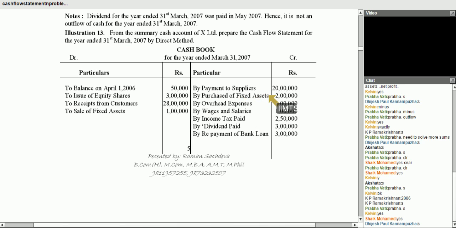Payment to suppliers is 20 lakh, purchase of fixed asset is 2 lakh, overhead expense is 2 lakh, wages and salaries is 1 lakh, income tax paid is 2,50,000, dividend paid is 3 lakh, repayment of bank loan is 3 lakh, receipt from customers is 28 lakh, issue of equity shares is 3 lakh, sale of fixed assets is 1 lakh 50,000.